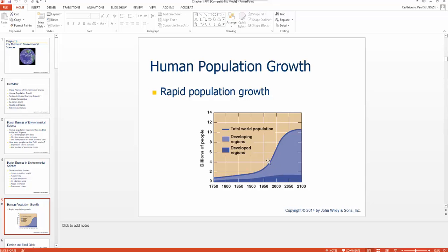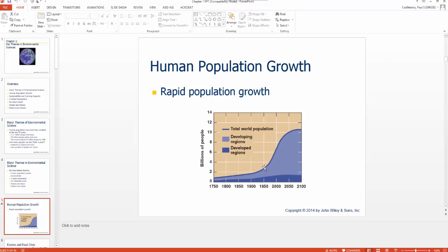And in fact, notice from 1950 to 2015, we have really taxed our resources, or we've had to tax our resources. In other words, we've had to use our natural resources quite a bit to try and sustain the quality of life over a 65-year period.